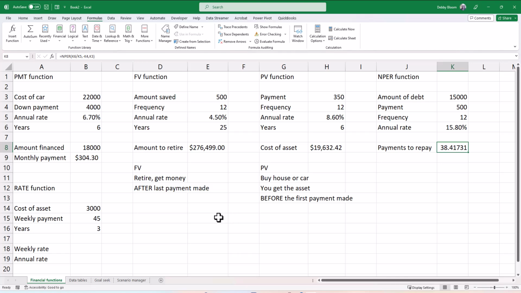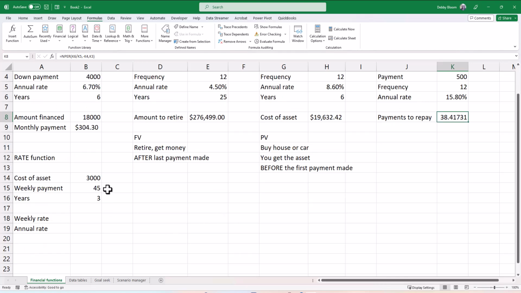Now here's another nice function that's very helpful if somebody will tell you how much the payment is, but they won't tell you how much you're paying for interest. So let's say you're going to a rent-to-own center and you see a $3,000 couch. They're offering it to you for $45 a week for 3 years, and then it's yours.